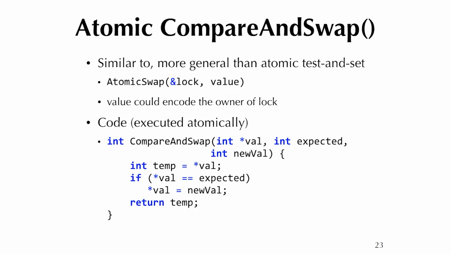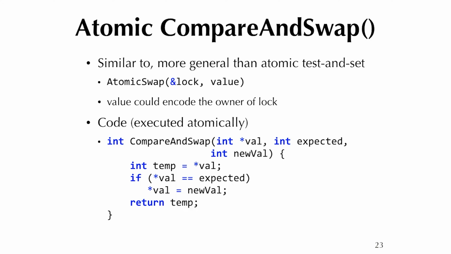It's similar: you save the old value into a temporary and do a comparison. If the current shared variable, this control variable, is equal to your expected value, then you override that control variable with the new value, but you still return the old value.